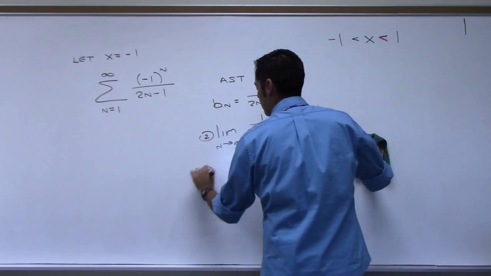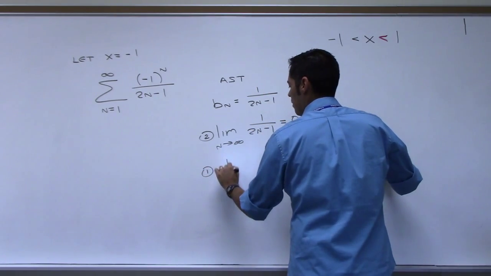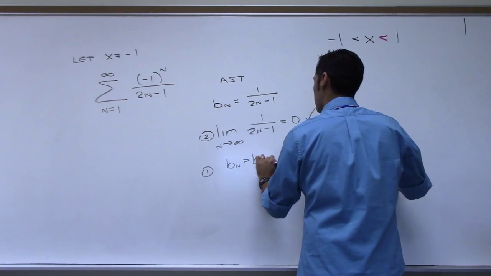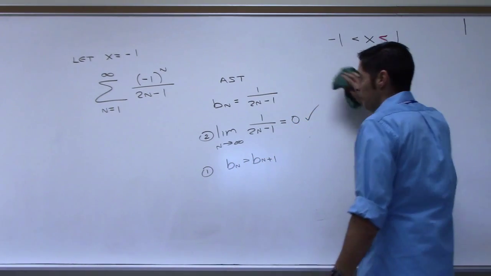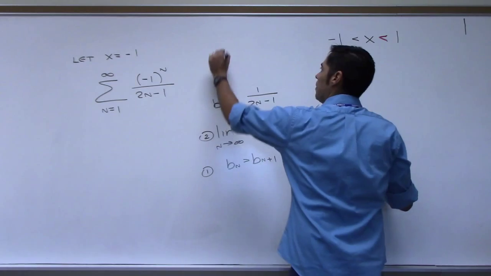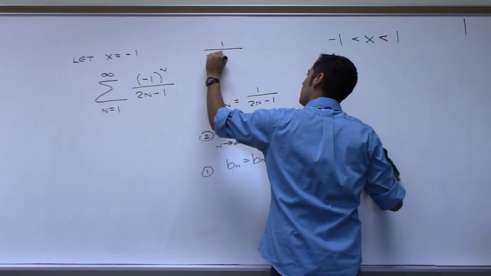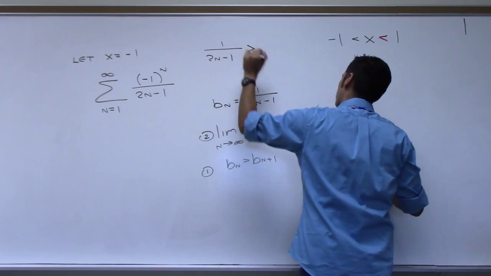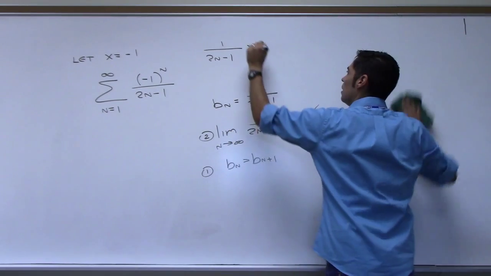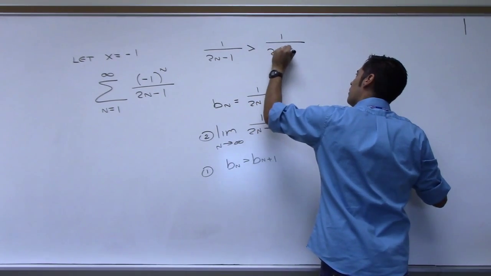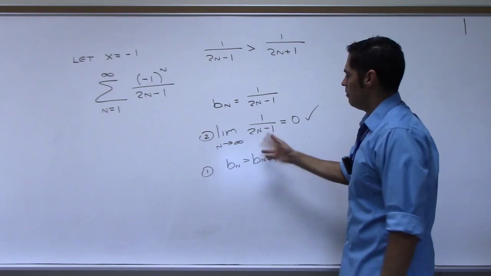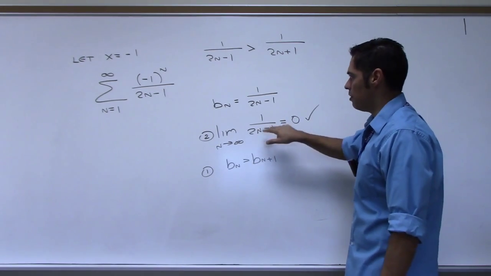And now I need to show it's decreasing. So I want to show that b sub n is greater than b sub n plus 1. I'll do it up here. B sub n is 1 over 2n minus 1. I want to show that that's greater than 1 over 2n plus 1. So that's what happens if you plug n plus 1 in there and distribute. We did it earlier.